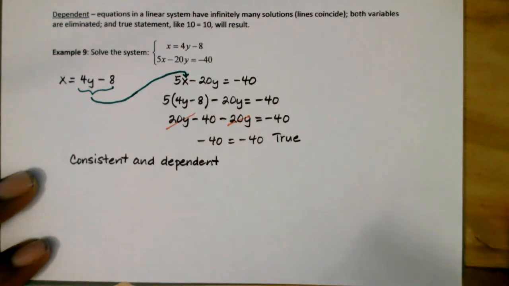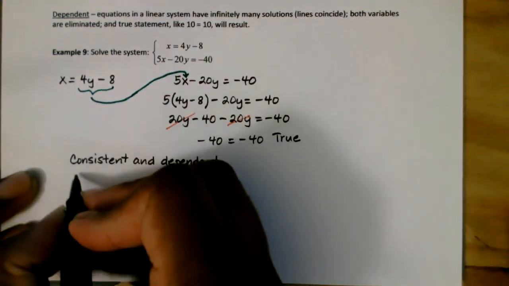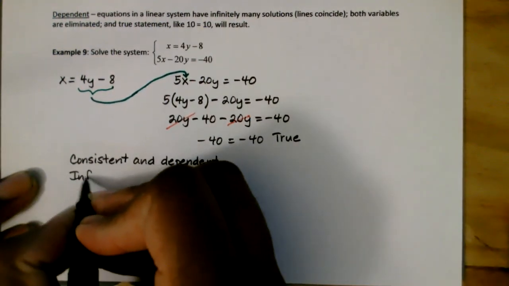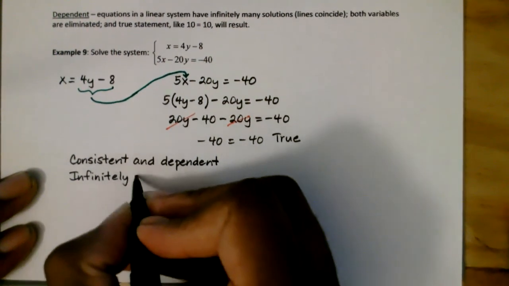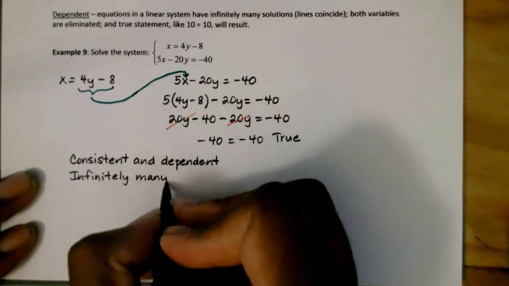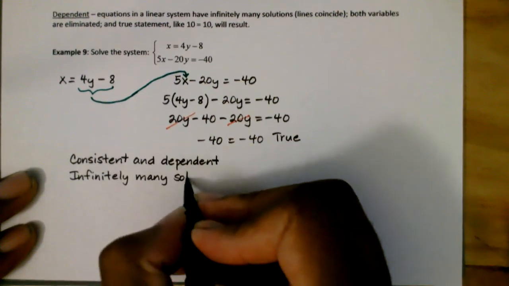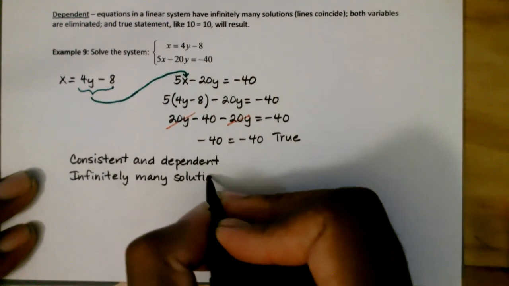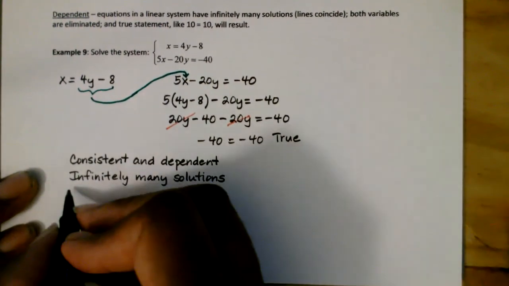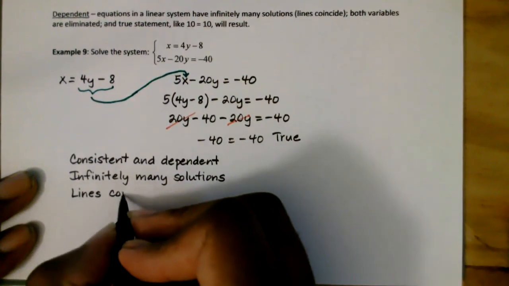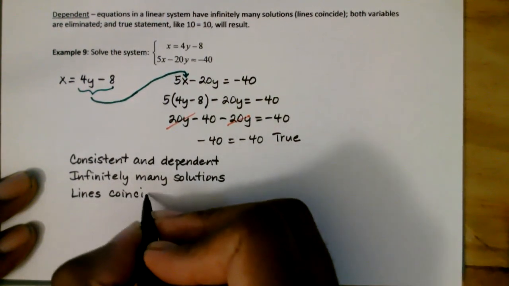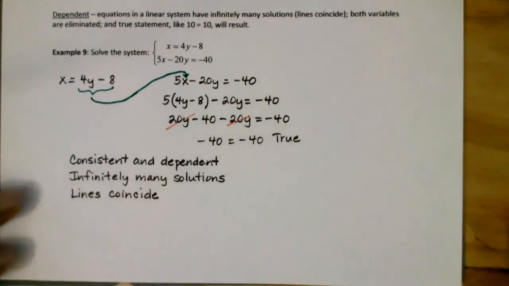And a system that is consistent and dependent means this: I'm going to have infinitely many solutions. And also, if you were to graph this on a coordinate plane, you'll find out that the lines will coincide.